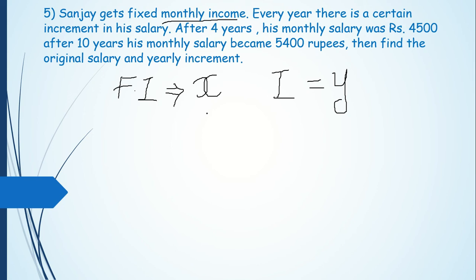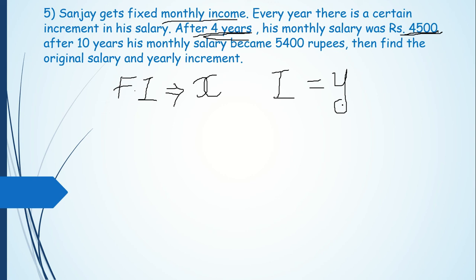So according to the first condition, after 4 years, how much did his salary become? After 4 years his monthly salary became 4,500. After 4 years means he had the increment 4 times, because every year he has that fixed increment of y rupees.